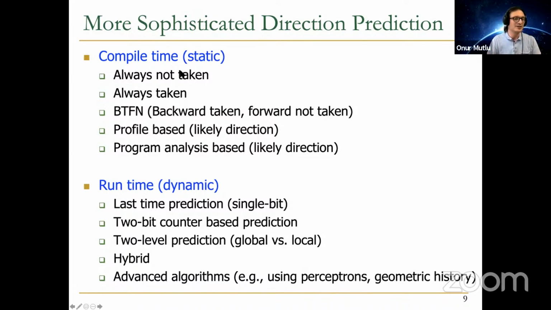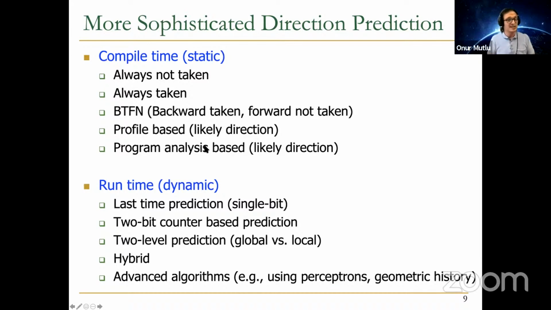Okay, but we're not going to go into compile time. All of these compile time mechanisms have one downside. If the branch changes behavior dynamically, meaning that the branch doesn't always have a very likely direction. For example, if a branch is 99.9% taken, then identifying that at compile time is good because you're not going to change that direction much, assuming that you identify correctly, of course, and you have a representative input set, as we discussed.